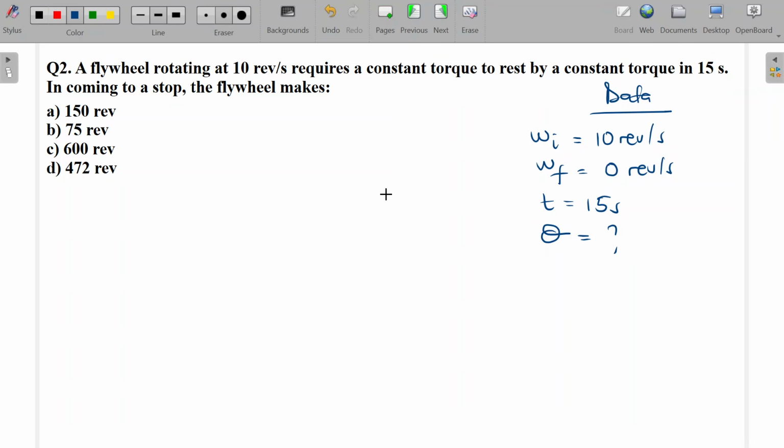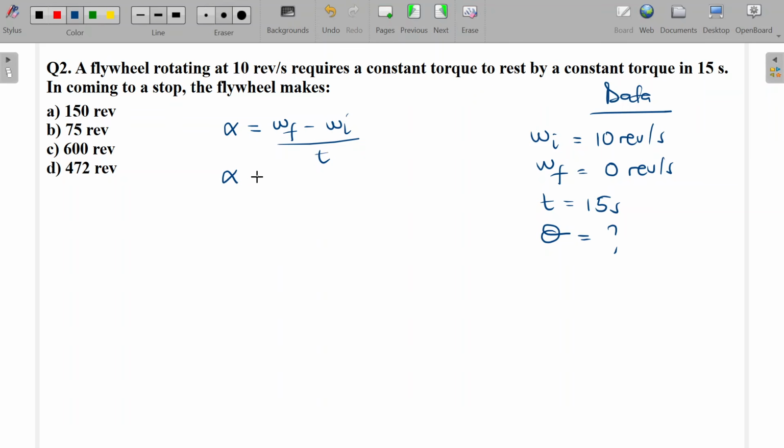From those three equations of motion, we can calculate the theta. But before you calculate the theta, you need to have the acceleration, and this time it is angular acceleration. So you're going to say that angular acceleration is equal to W final minus W initial over the time taken.